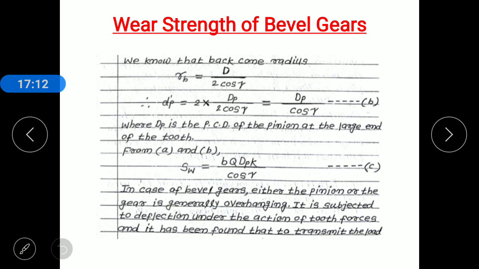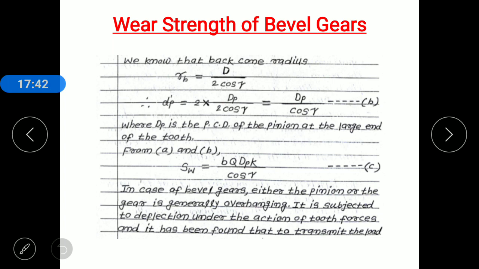In this relation 2 gets cancelled, and the pitch circle diameter of the formative pinion is D_p divided by cos γ. This is the pitch circle diameter of a formative gear, and D_p is the diameter of a bevel pinion, where D'_p is the pitch circle diameter of pinion at the large end of the tooth.